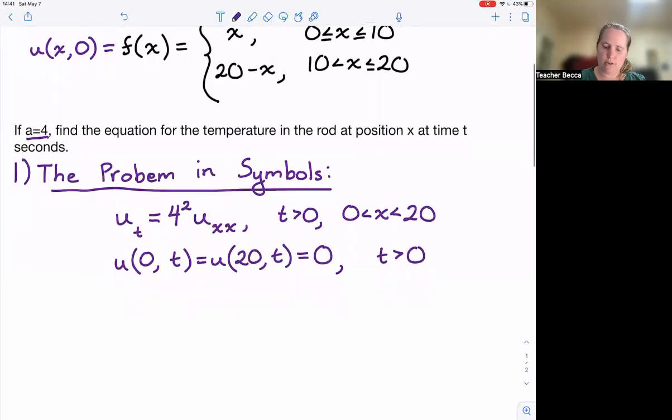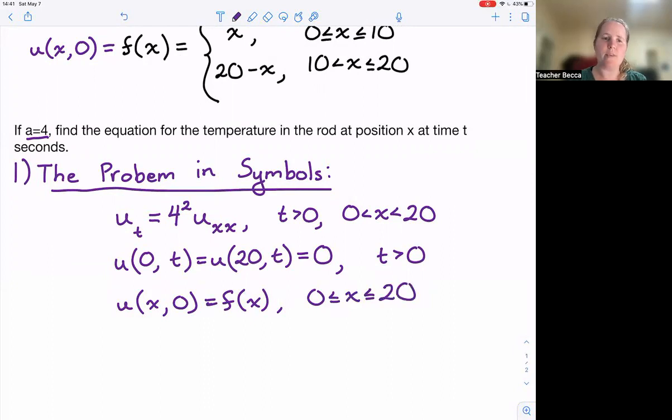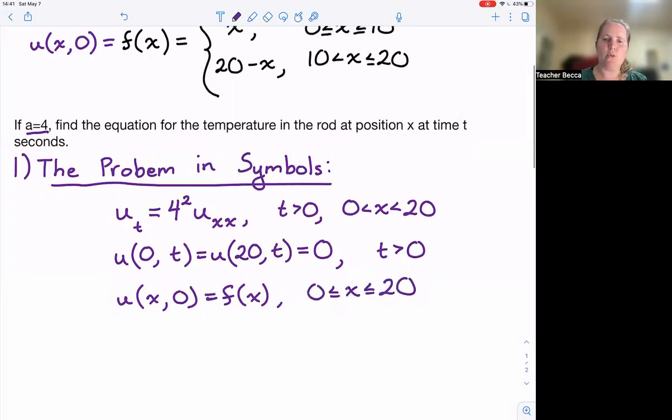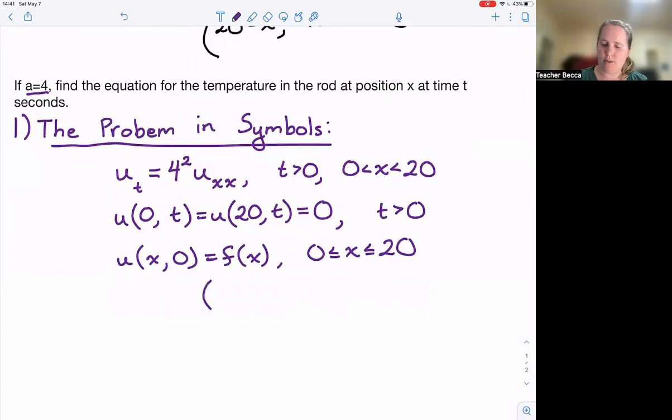And we have U of x 0 is our f of x for 0 less than or equal to x less than or equal to L, which again in this case is 20. So this is our problem in symbols. I'm just going to put in parentheses that our A is 4 and our L is 20, since those pop up in our solution.